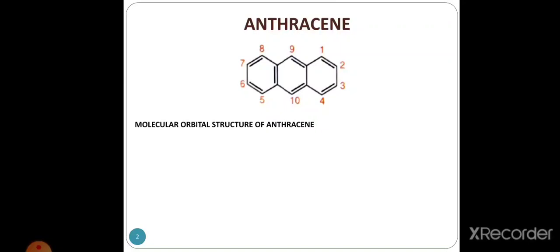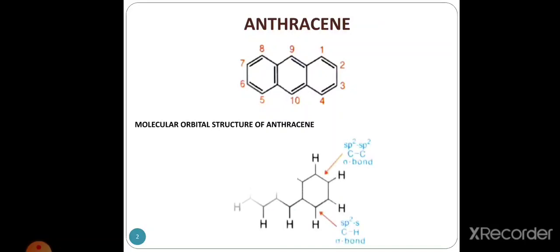Next, molecular orbital structure of anthracene. All 14 carbon atoms in anthracene are sp2 hybridized. The sp2 hybrid orbitals overlap with each other and with s orbitals of the 10 hydrogen atoms forming carbon-carbon and carbon-hydrogen sigma bonds.